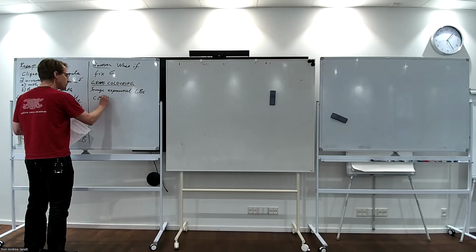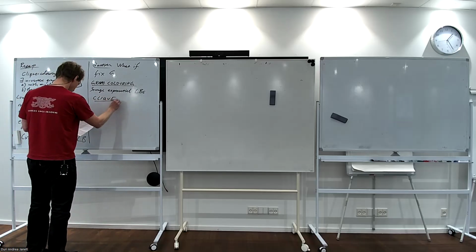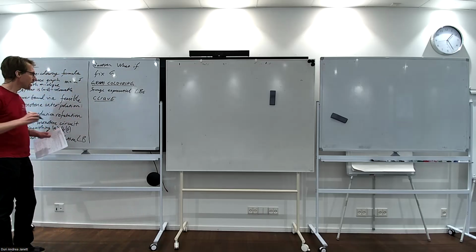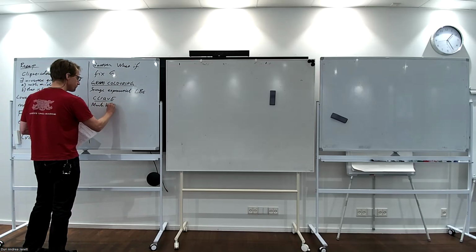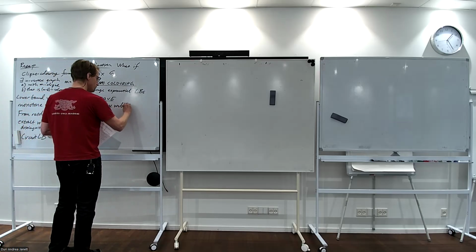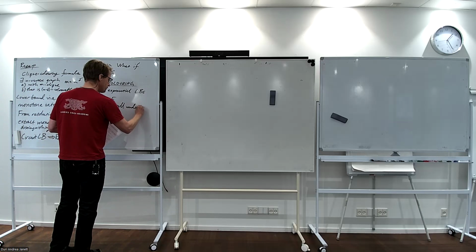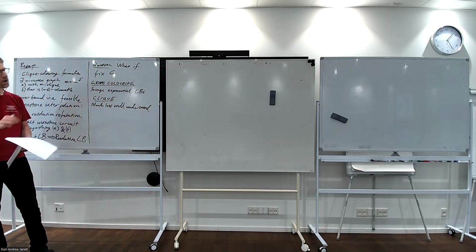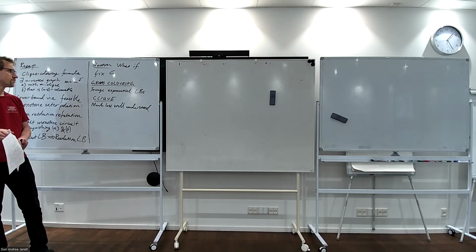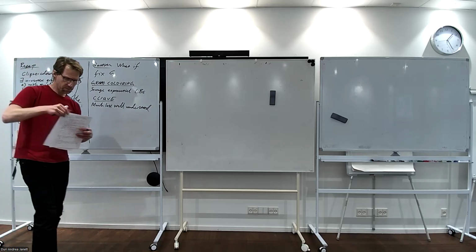But now you can ask about clique, and that's what we're going to talk about today. And clique is much less well understood. And this is a little bit intriguing.